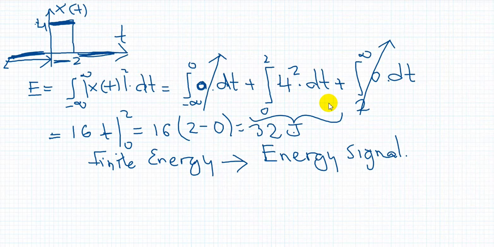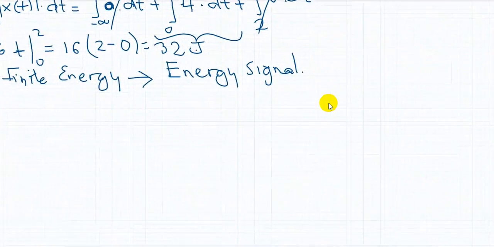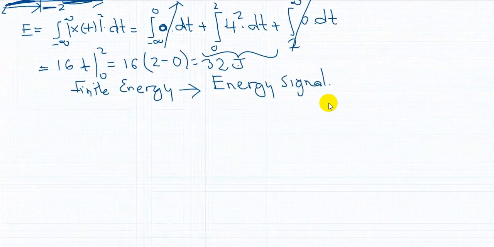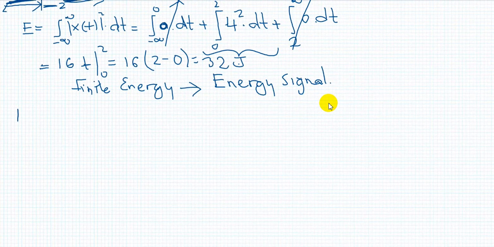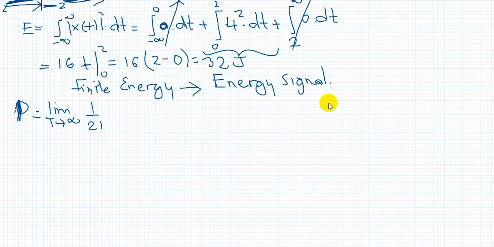Let's check if it gives 0 power or not. The power is equal to the limit as T tends to infinity of 1 over 2T times the integral from minus T to T of |x(t)|² dt. This was the formula for the power.